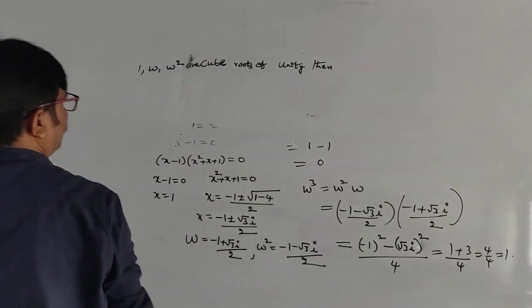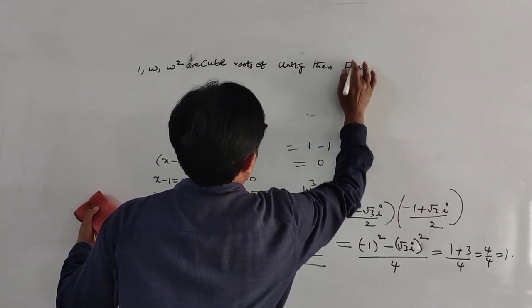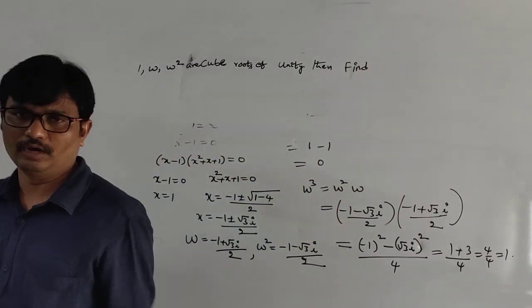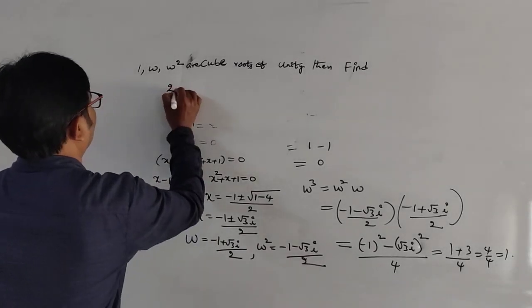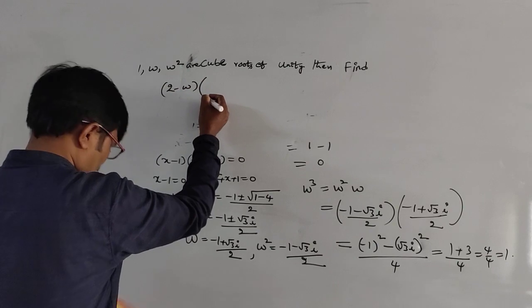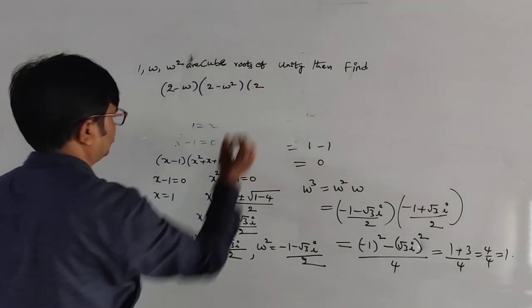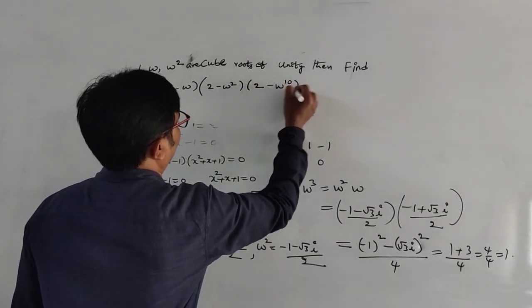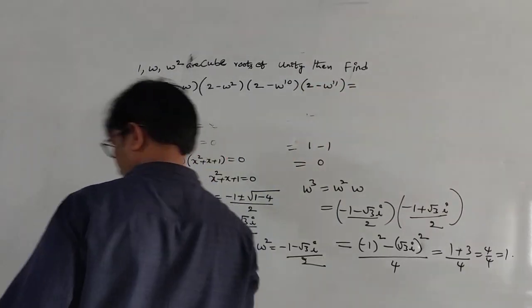Then find the value of 2 minus omega, 2 minus omega square, 2 minus omega power 10, 2 minus omega power 11 equal to.